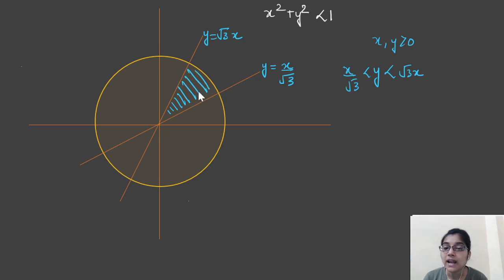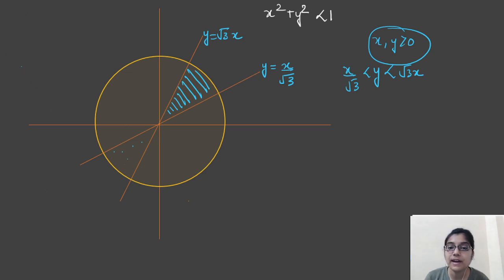Why? Because here x is greater than 0, y is greater than 0, x square plus y square is less than 1, but make sure you know that the boundary of the circle is not included. Then y lies between both the lines, so it is going to be like this. The region could be elsewhere too, but they have mentioned x, y strictly greater than 0. That's why we are working in the first quadrant.